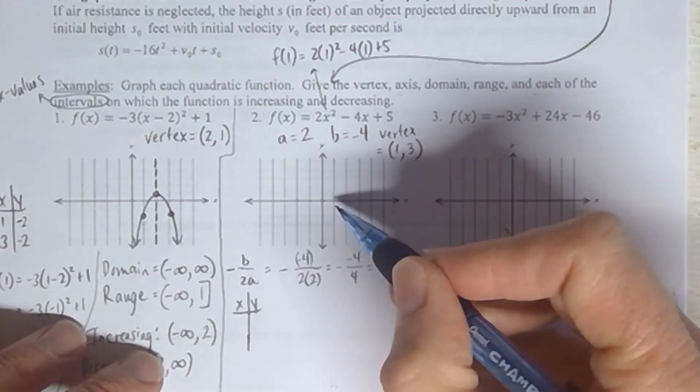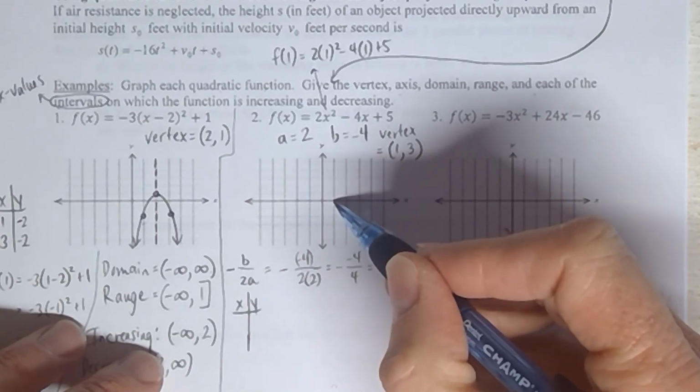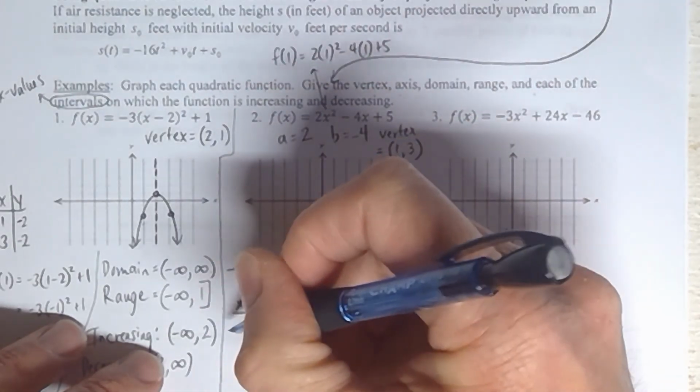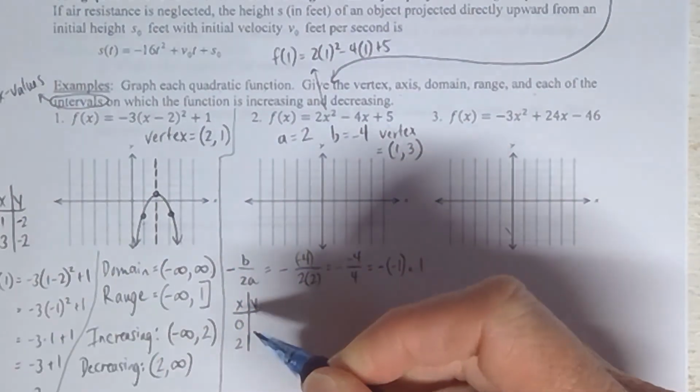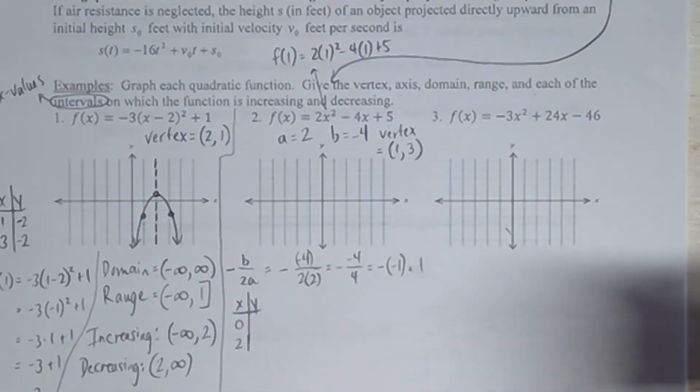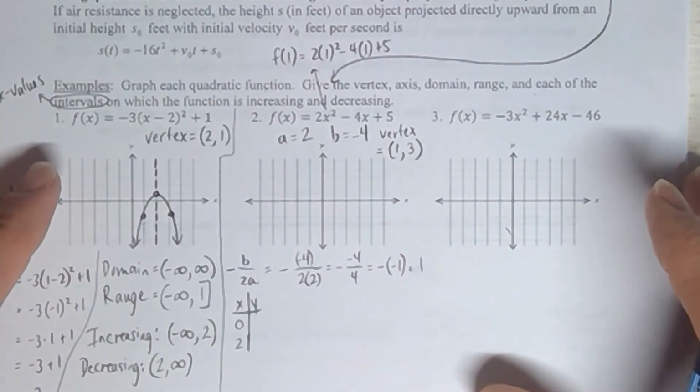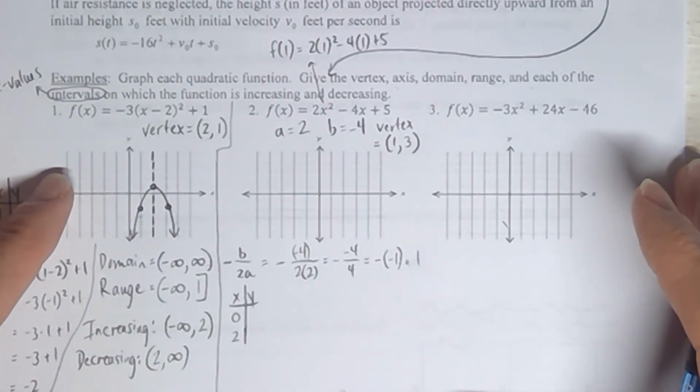Notice that 0 and 2 are the same distance away from 1, right? So if I plug in 0 and 2, the great thing is that once I figure out 0, 2 will be the same y value, as we talked about in problem number 1.